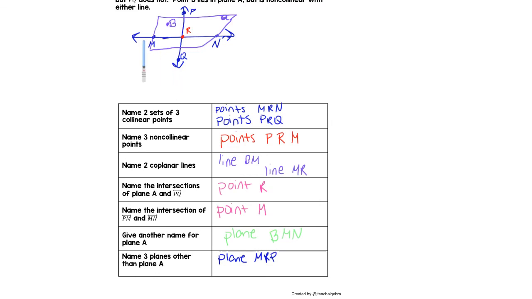Another one we could name MRQ because those are going to lie on a different plane. And lastly, how about we name BMQ because those will be three more points on a totally different plane.